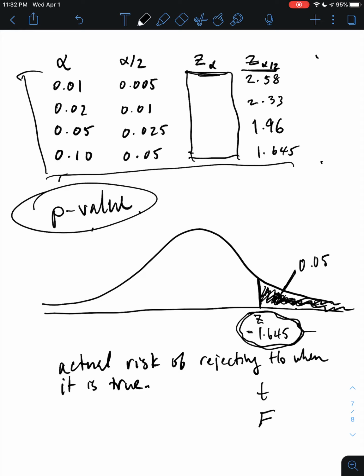So it's hard to have this all in your head about what is significant, what the critical values are, and we'll see that even for T and F, it's hard to know what the critical values are. You'd have to memorize entire pages of numbers.